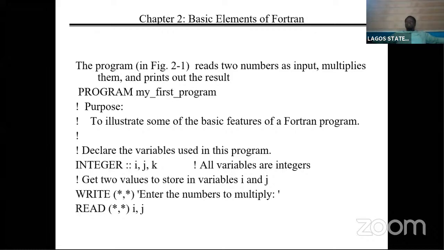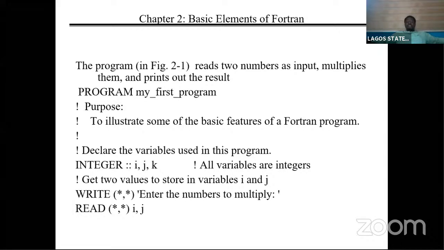And you saw that we can even comment and not make any statement in that line. And the fourth comment says declare the variables used in this program. So the next line is a declaration line. Now, those four comments are the non-executable statements that we referred to earlier. They are not going to be executed.